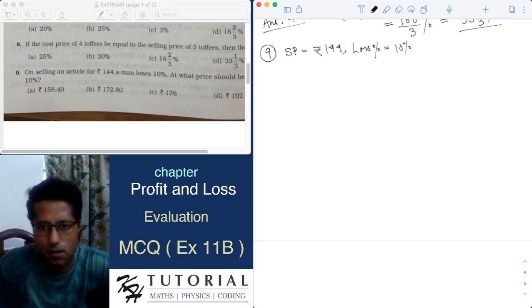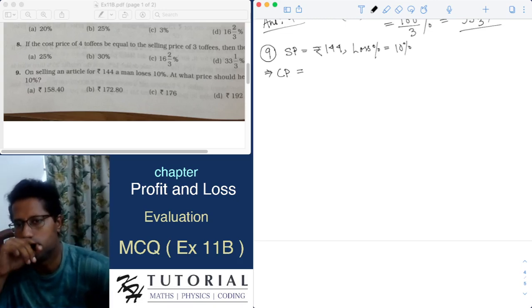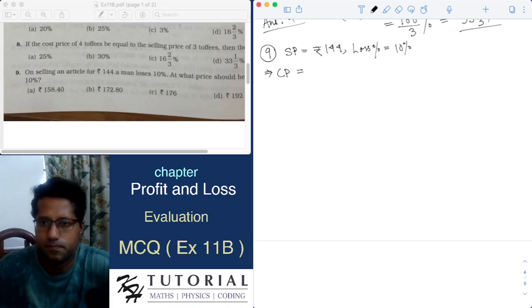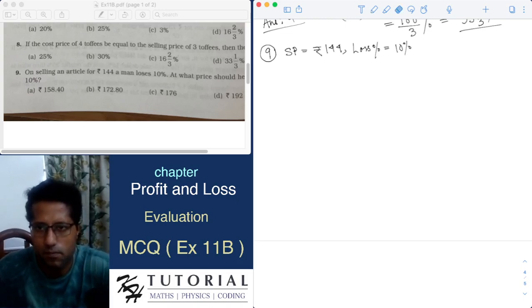This implies we can find the cost price. Let CP be the cost price.